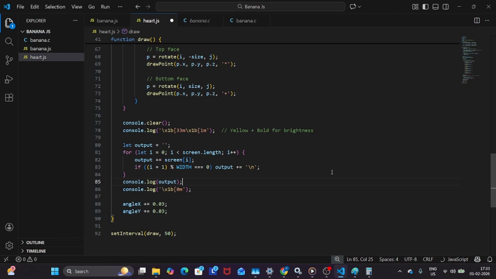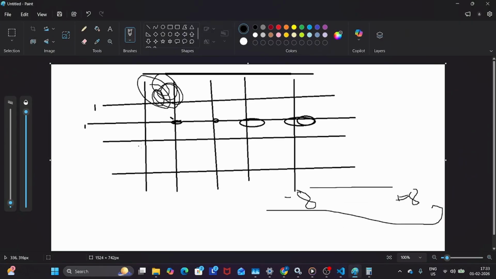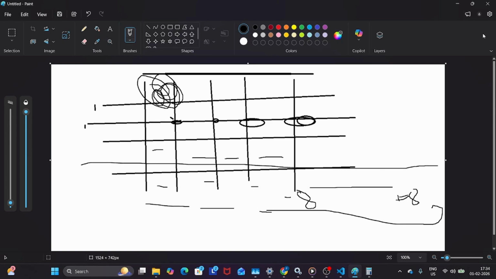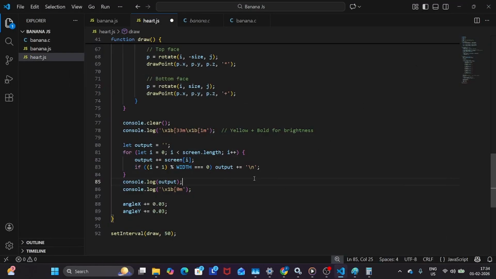It is like writing or drawing the cube row by row, like 1 2 3 4, like these boxes. Then a new line will start, then again drawing, then new line starts. If that new line code would not be there, then the cube will be printed like this thing. Okay, the cube will be printed like that.